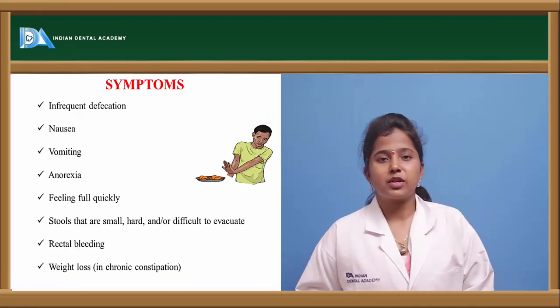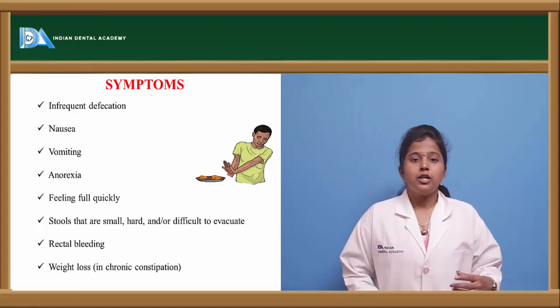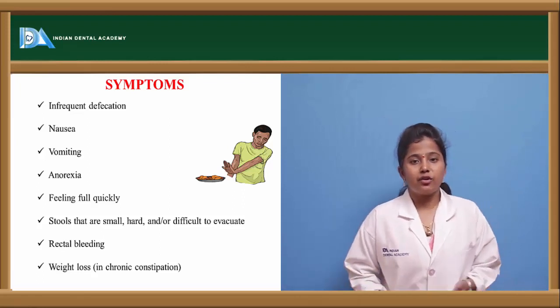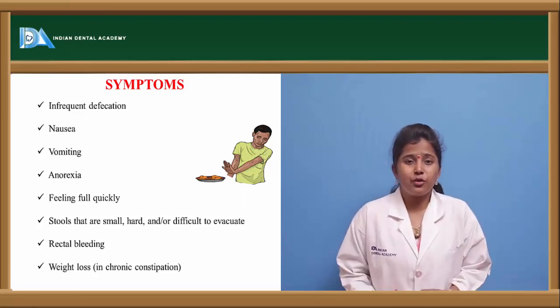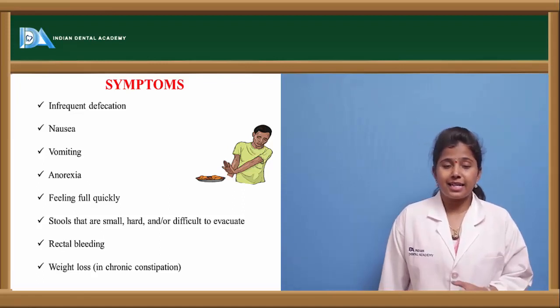What are the symptoms of this constipation? How can we say that a person is suffering from constipation? We have symptoms like nausea, vomiting, anorexia, that is loss of appetite. He doesn't feel like eating anything as the stomach is already full. And the other one is rectal bleeding.